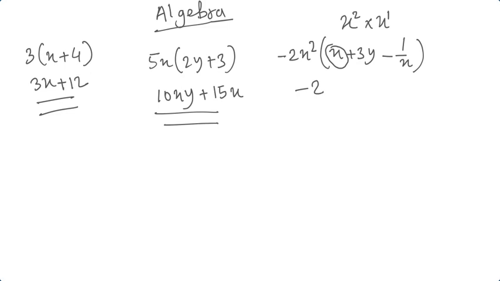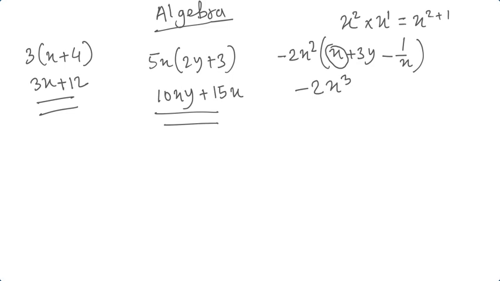So if we have the same base, the power should be added. This means x to the power 2 plus 1 is equal to x cubed. We have already seen this in indices, so that means x cubed, right?